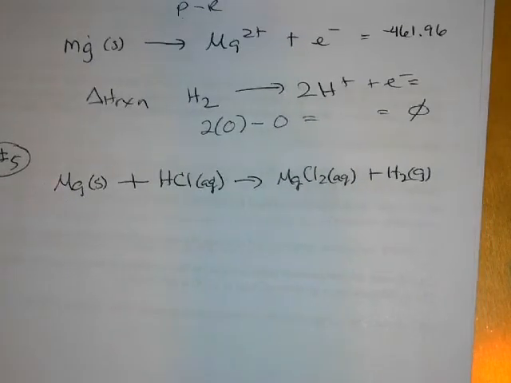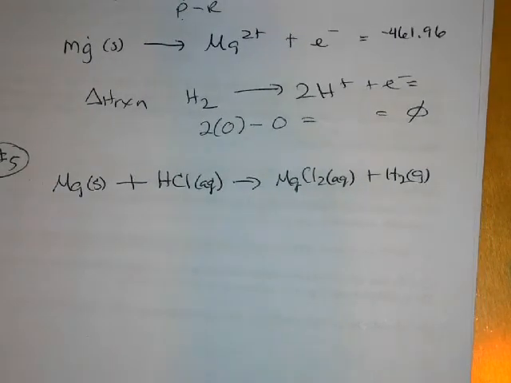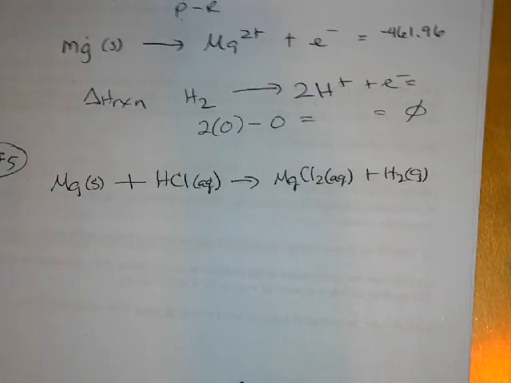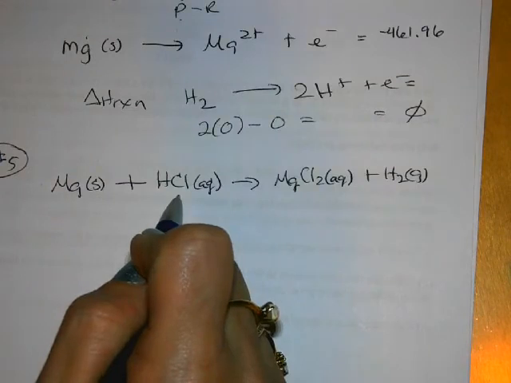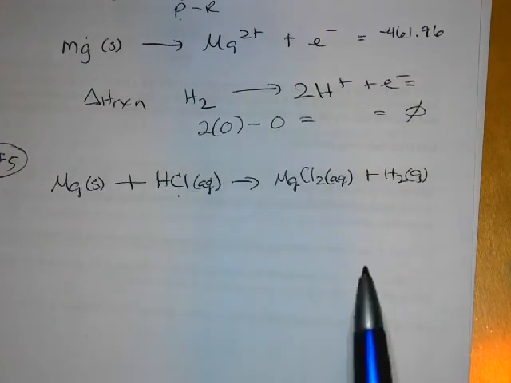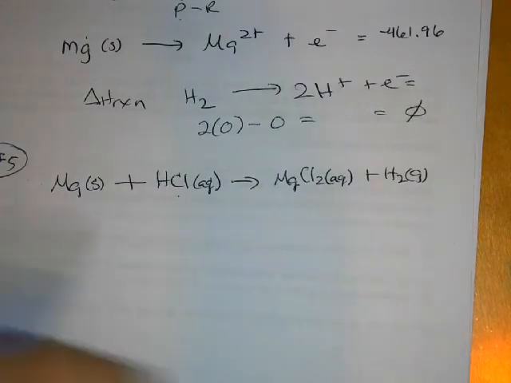The net ionic equation. So the point of a net ionic equation is to get rid of stuff that is unchanged. And that's to write everything as an ion, look at what's actually reacting, and get rid of everything else. So I'm going to rewrite anything that's aqueous into its ionic components, because it means it's dissolved in water.